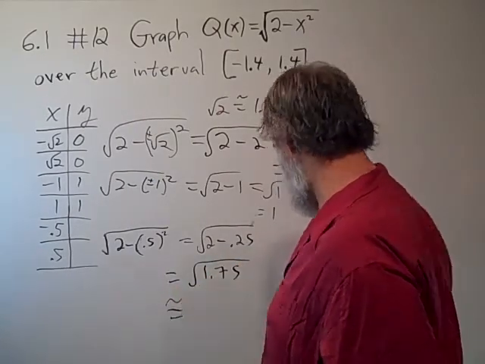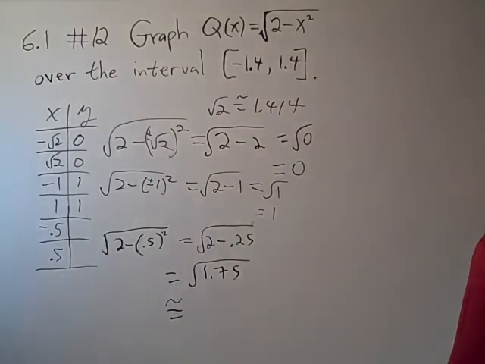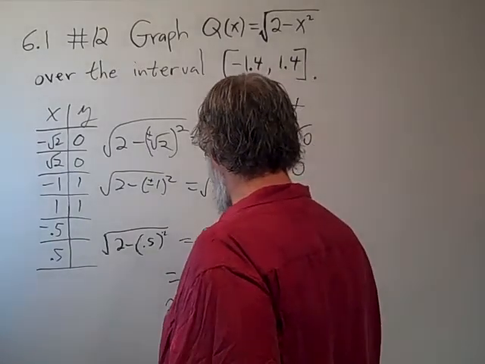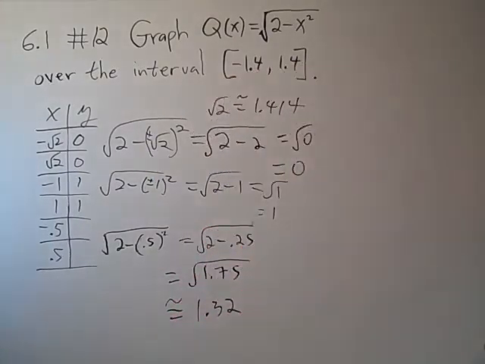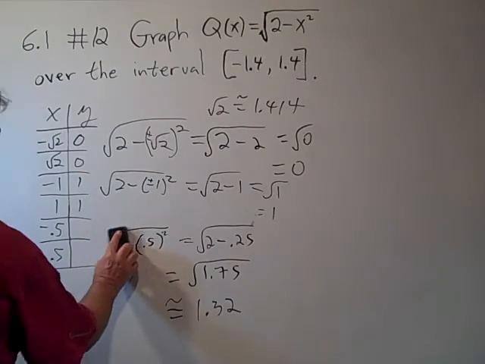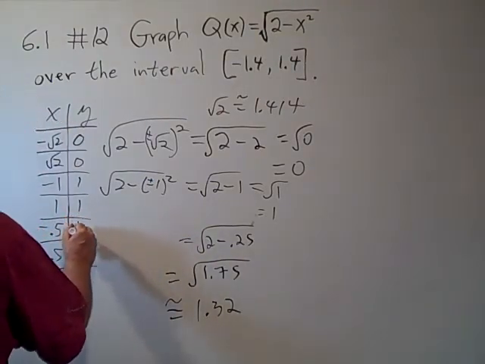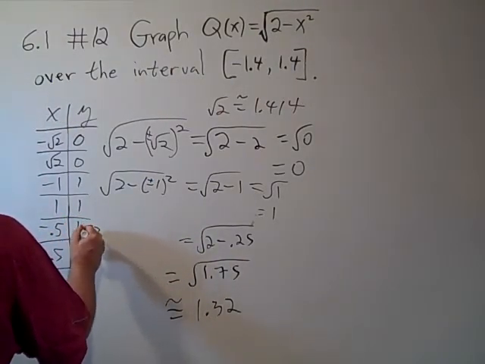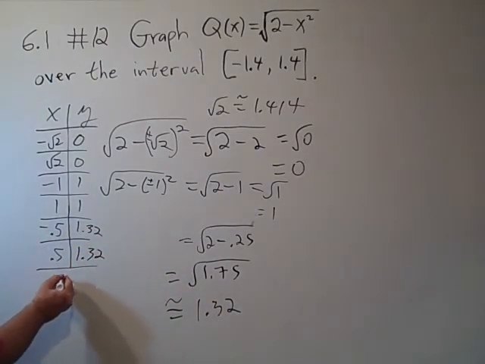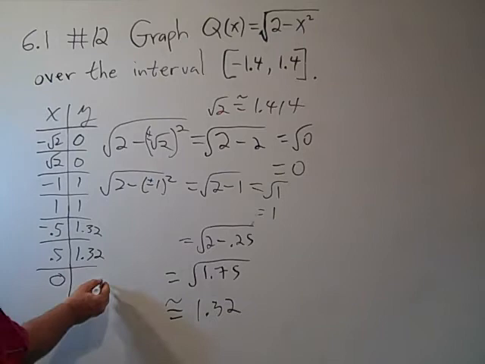And that's approximately equal to 1.32. We don't need much accuracy here because we're trying to graph this. So these two values, approximately 1.32. For one more value, let's try x equals 0 here.